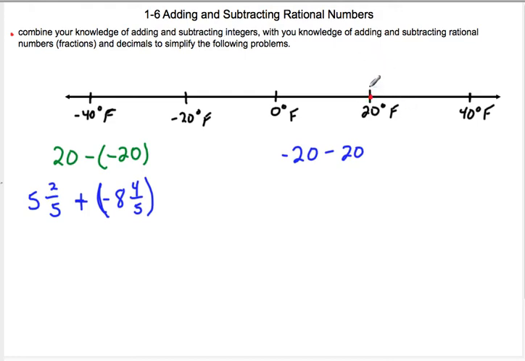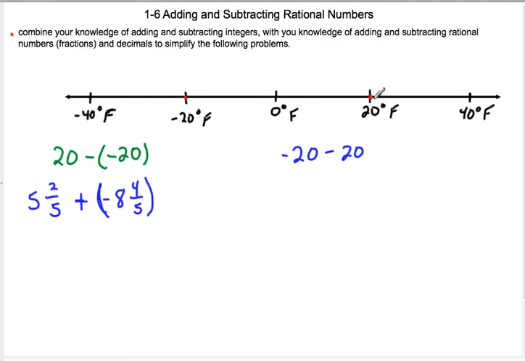It's pretty cold. And you're talking to your friend on the phone who lives in Alaska, and they're like, you think that's cold? It is negative 20 degrees Fahrenheit in Alaska right now. And so you want to know the difference, and the difference would be subtracting, so you're doing 20 minus negative 20.